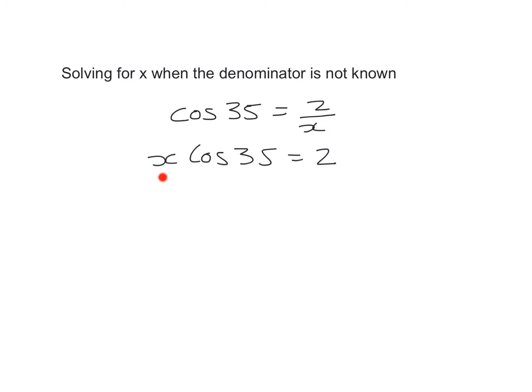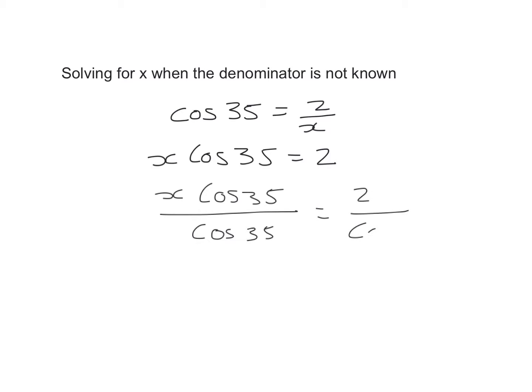Now I need to get x by itself, but x here is multiplied by the cos of 35. The opposite of multiplication is division, so what I do on the left hand side, I need to do on the right hand side. I'll do this in two steps: x cos of 35 divided by cos of 35 degrees equals 2 over the cos of 35.